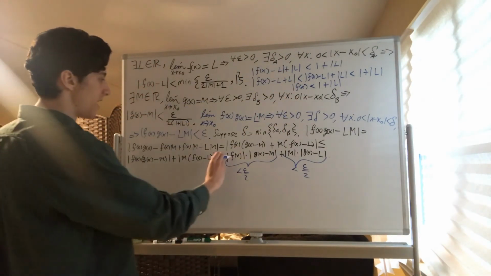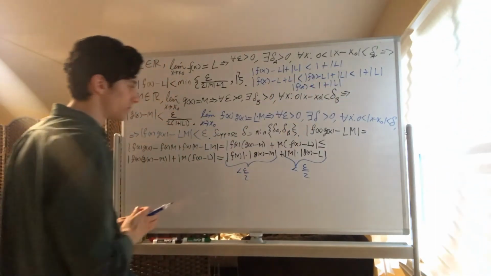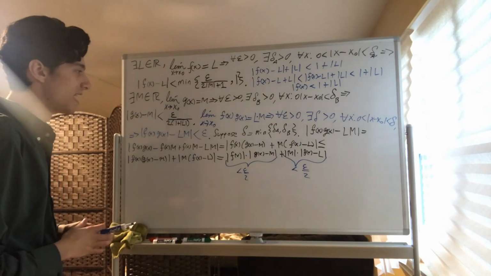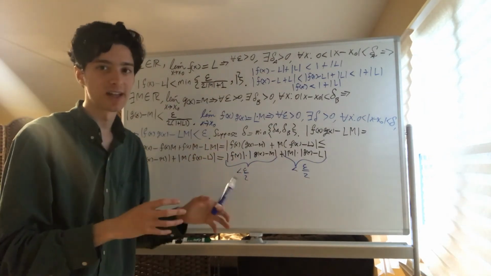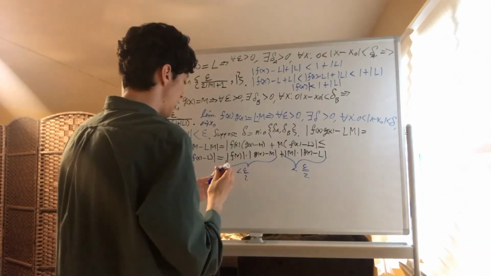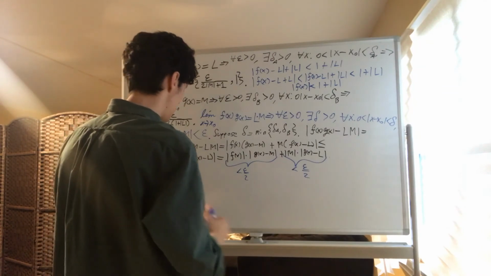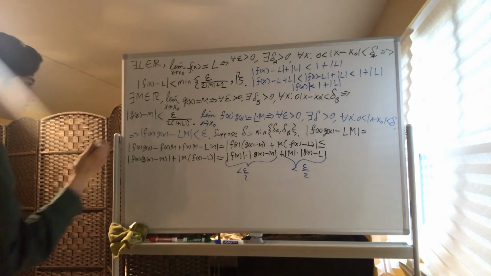So therefore, if the absolute value of f of x is less than 1 plus the absolute value of L, then we can take this inequality and multiply by the absolute value of g of x minus m on both sides.